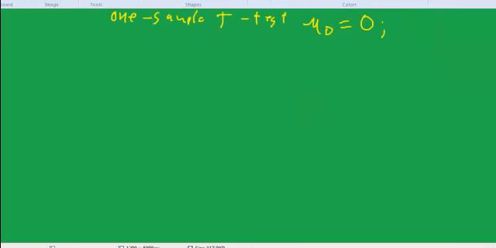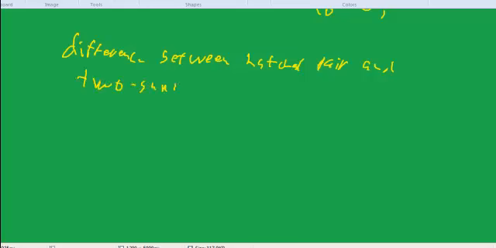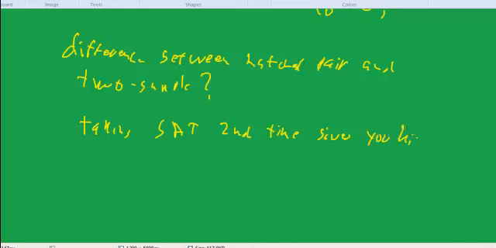What's the difference between matched pair and two sample? Well, let me give an example. Suppose we were a little suspicious that just taking the SAT for a second time tends to give you a higher score.